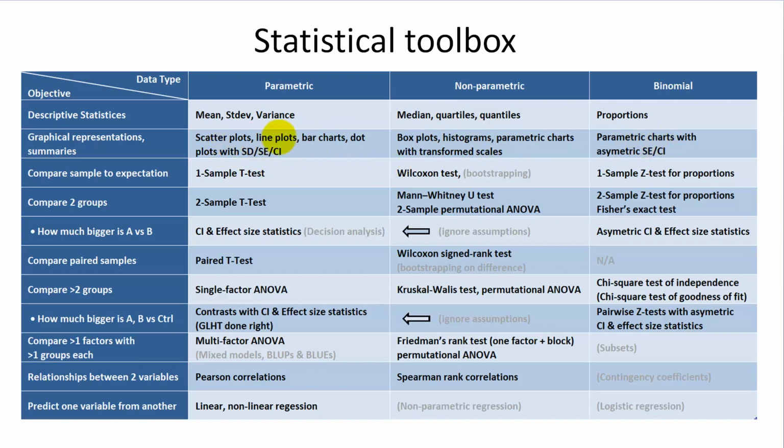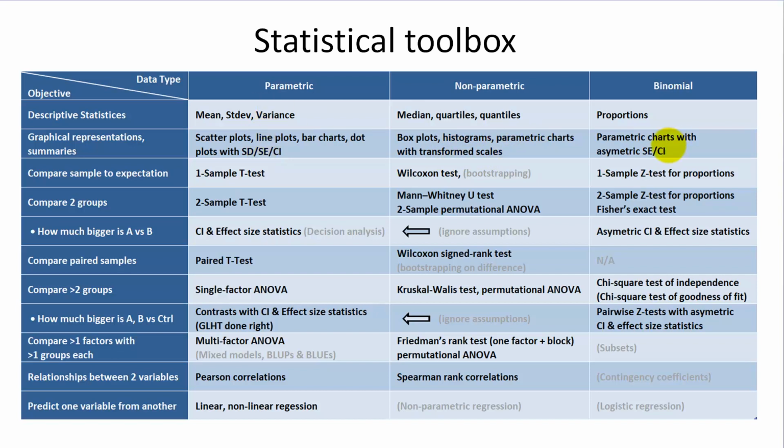So we have scatter plots, line plots, bar charts, and dot plots with standard deviations, standard errors, and confidence intervals here. This only works for normally distributed data. We have another set of graphical tools for non-parametric data: box plots, histograms, or if we can transform the scale, then you can also use the parametric graphics.